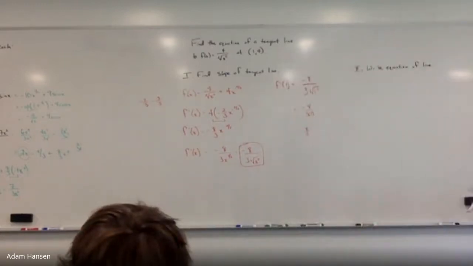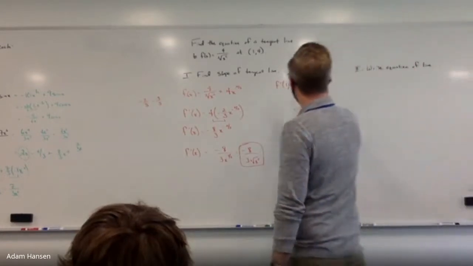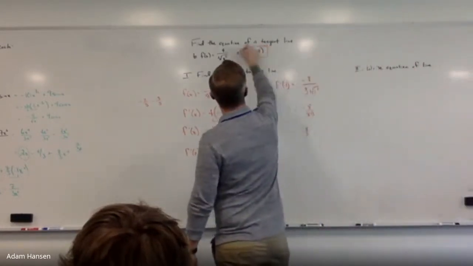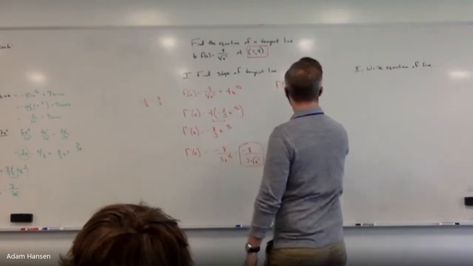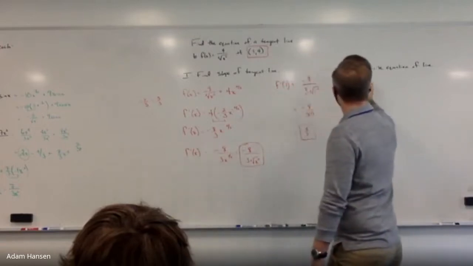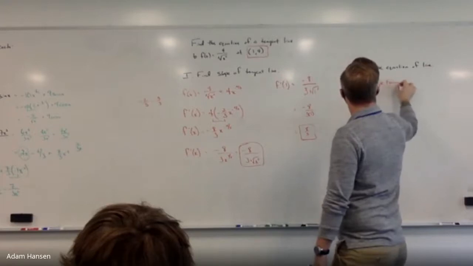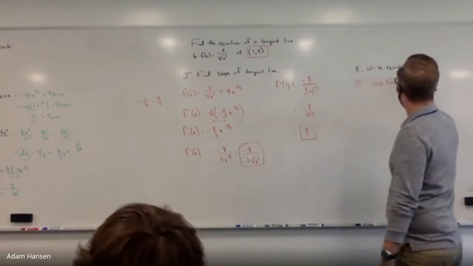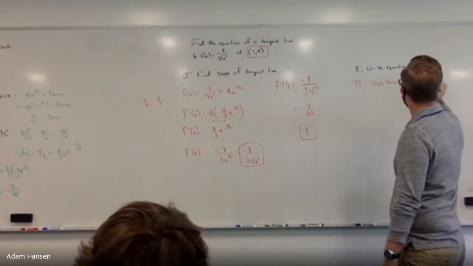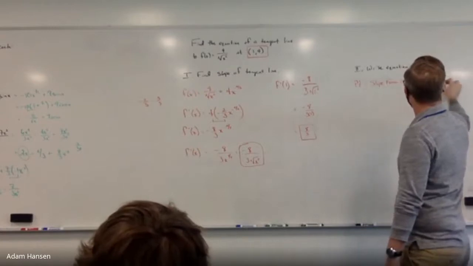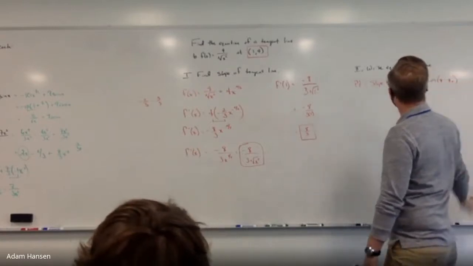Since I know the point that my line passes through, as well as the slope of the line, I can use point slope form to write my equation. That would be y minus y1 equals m, the slope, times quantity x minus x1.